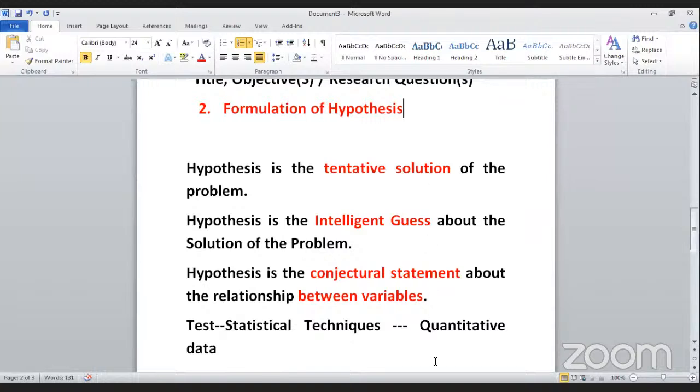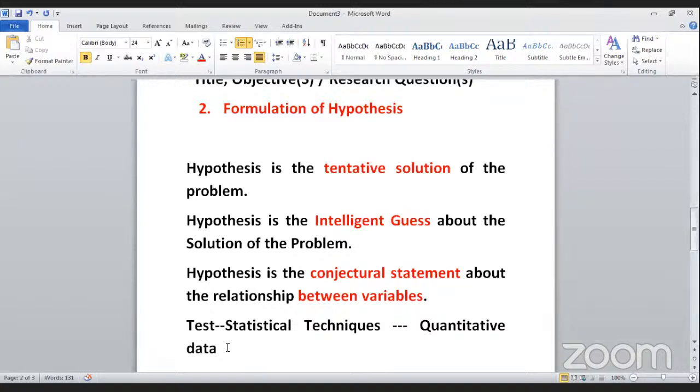Now, if you have qualitative data which can be converted into quantitative, and then you can analyze it with the help of a statistical technique, and then you can test the hypothesis. So that means if you have quantitative data, or if you can convert the qualitative data into quantitative, then you can have a hypothesis.